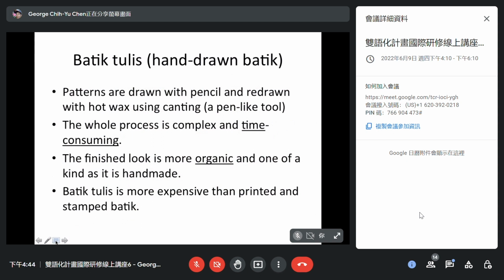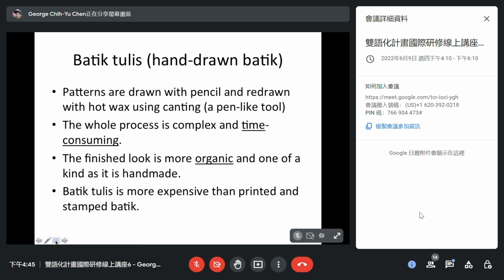And the whole process is complex and time consuming, 非常耗时间的, complex 复杂的. But the finished look, 最后看起来, is more organic. Organic here means more natural, 比较自然, and one of a kind as it is entirely handmade. One of a kind means unique, 非常独特, and the batik tulis is more expensive than printed and stamped batik.